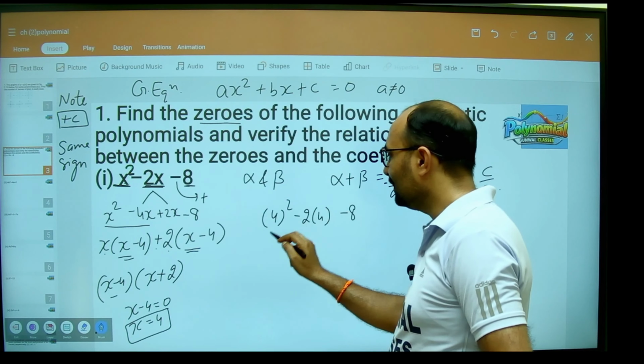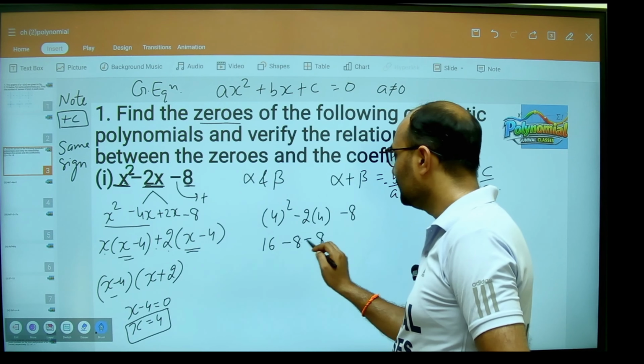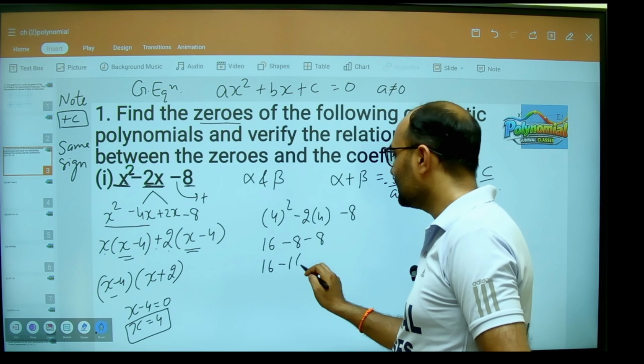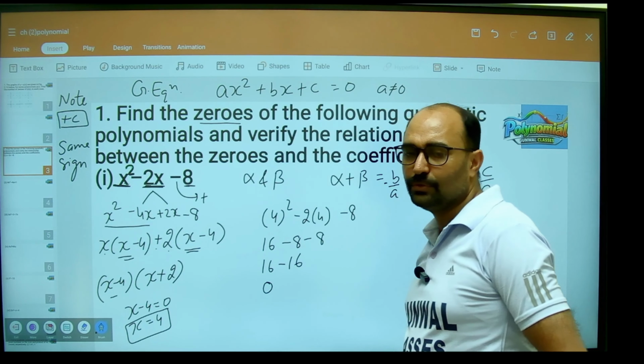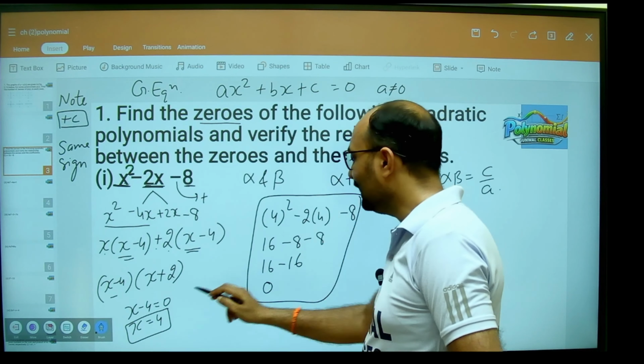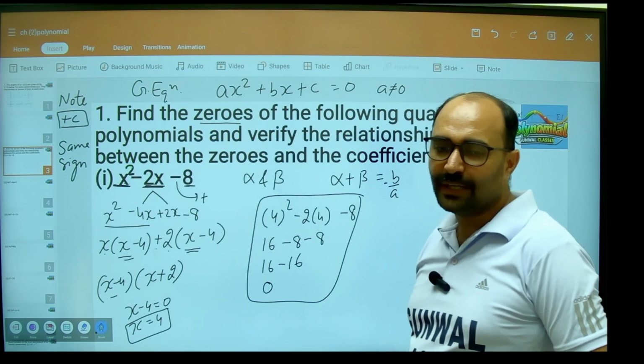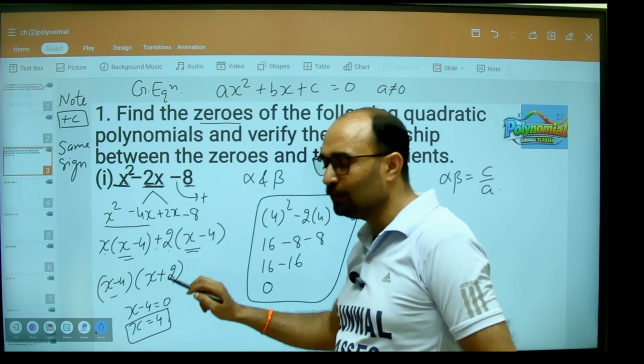If you solve this, it will be 16 minus 8 minus 8, 16 minus 16, which is equal to 0. So when we substitute this value, the expression becomes 0. That's why this value is known as a zero of the polynomial.